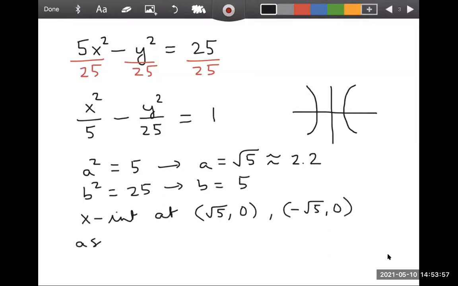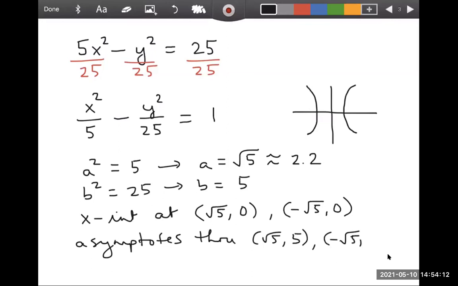And the asymptotes are going to pass through the points (square root of 5, 5), (negative square root of 5, 5), (square root of 5, negative 5), (negative square root of 5, negative 5).